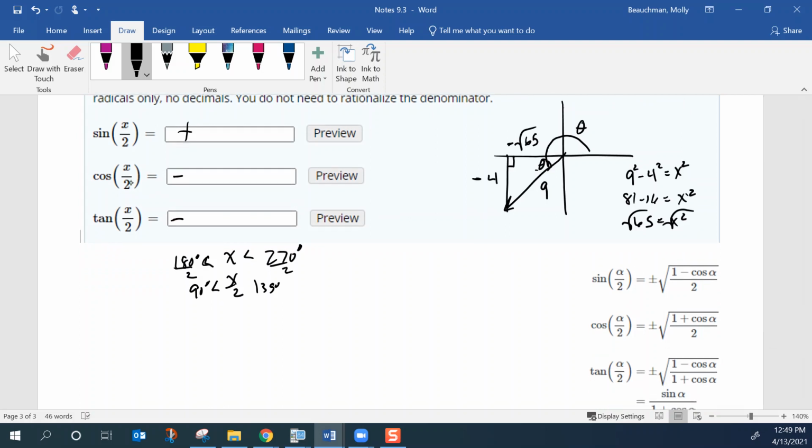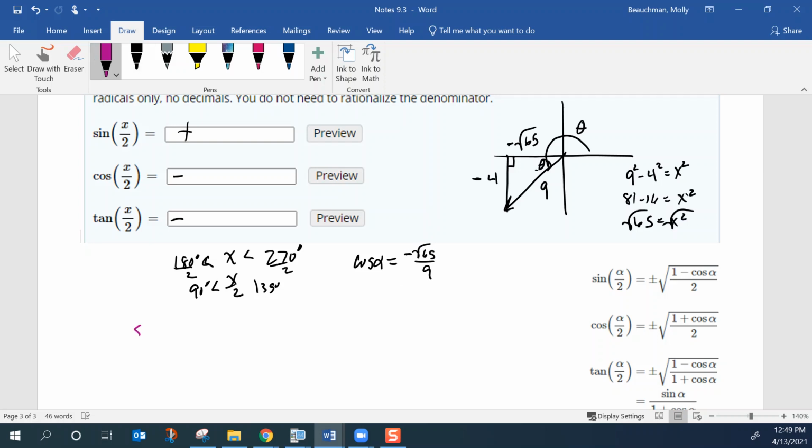So now we can find the sine of the half angle. For the half angle, we need the cosine only. So the cosine of alpha, cosine of our angle, is equal to adjacent over hypotenuse, so that would be negative square root of 65 over 9.